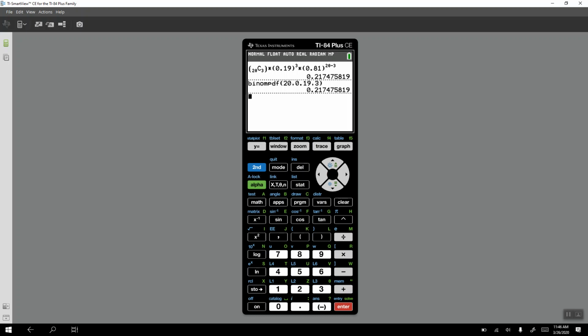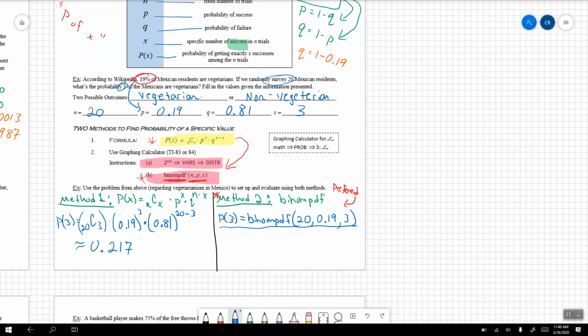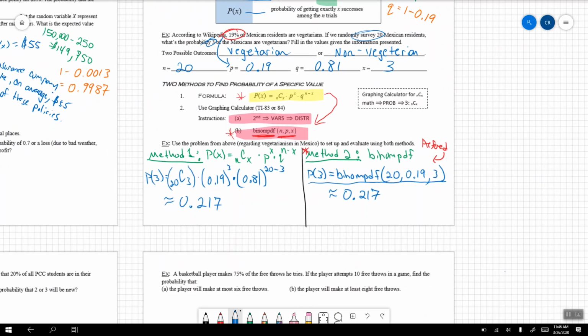So when we start looking at this, it's a preferred method to go with binomial PDF. So binomial PDF, as we saw, gives us the exact same answer, 0.217. And again, it's going to be the preferred method, so my suggestion is start getting used to that method. That way we can keep working with that method more and more quickly.